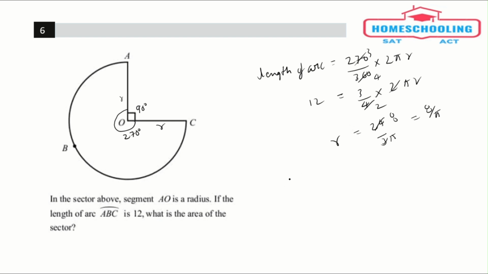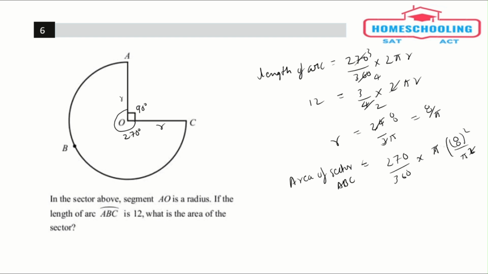Now we have to find the area of the sector ABC. As we know, theta is 270 by 360 into pi r square. So r square, so the radius is 8 by pi, squared. 8 by pi squared can be written as 8 square over pi square.